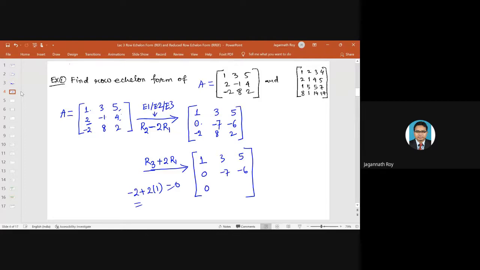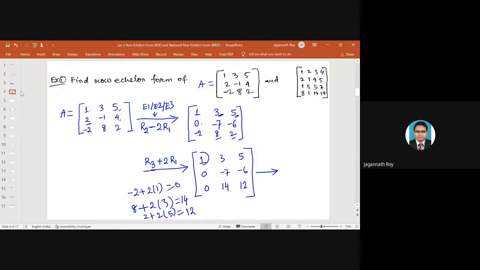Then 8 plus 2 times 3 becomes 14. And then 2 plus 2 times 5 becomes 12. Let us write 12 here.